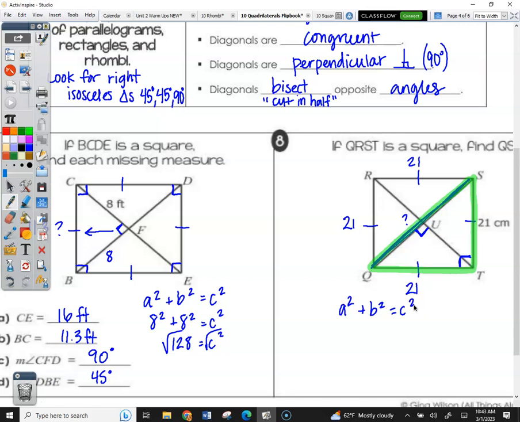What are the legs? 21 each. Yep. Ends up being 882, and you're square rooting that. So that's C, but it wasn't labeled C. What is it in the picture? It's QS.